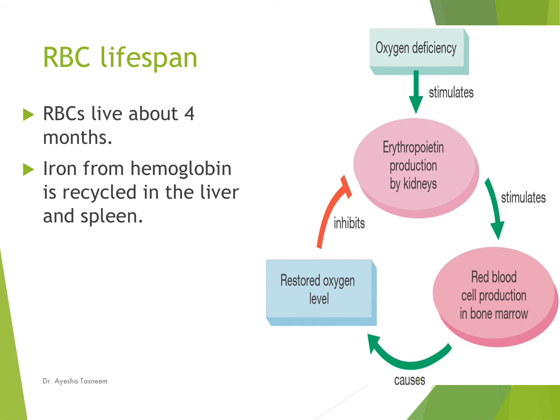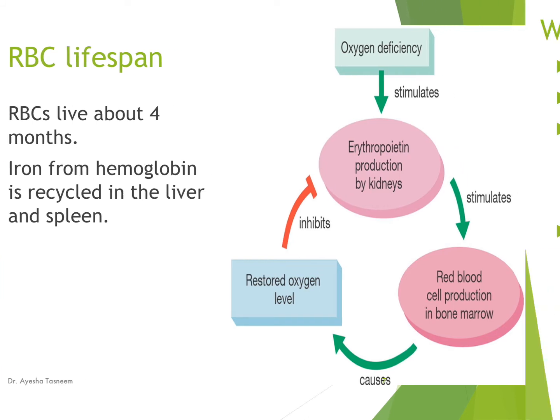This is a positive and negative feedback mechanism. If there is oxygen deficiency, more erythropoietin will be formed. If proper oxygen is being distributed to the body and it reaches the kidneys, there will be negative feedback, and erythropoietin production will be halted.